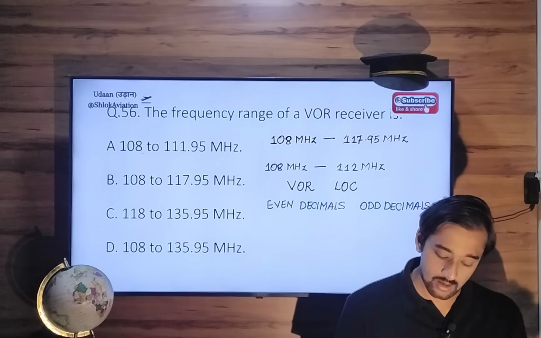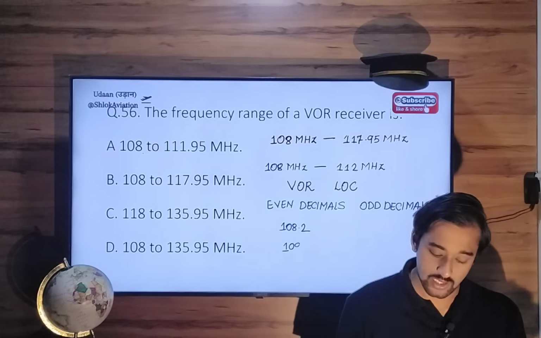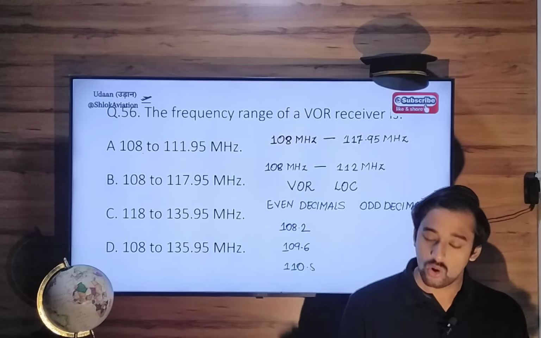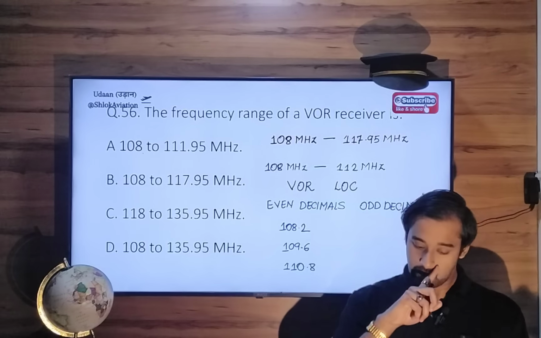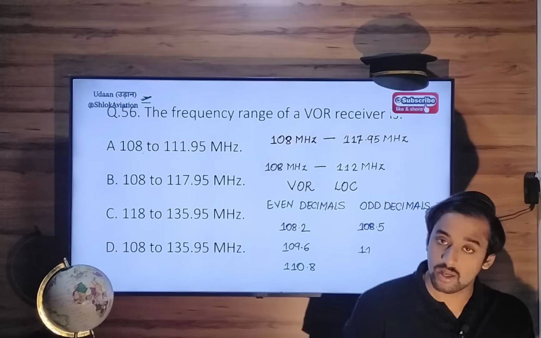Even decimals meaning 108.2, 109.6, 110.8, right? So on and so forth up to 112 megahertz. For ILS localizer, the examples would be like 108.5, 110.3.